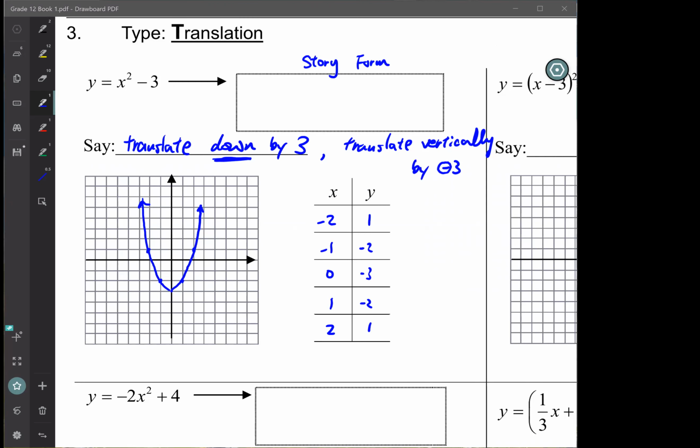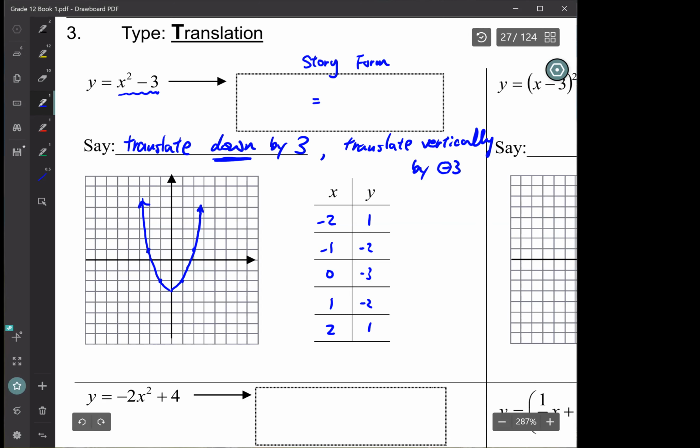So is there anything here that can be moved to the y side, Tiana? -3. Yeah. Okay, so if I move the -3 to the left, what does it look like on the left? Y over -3.